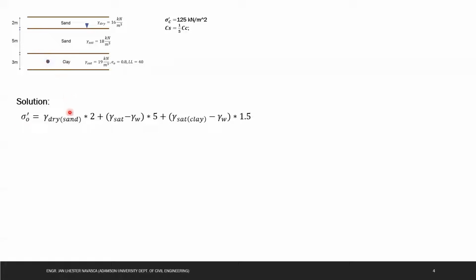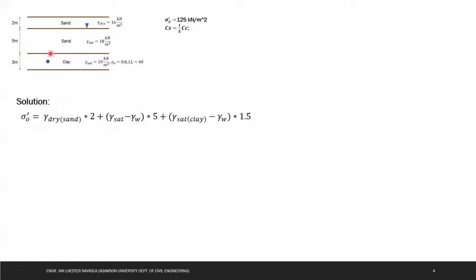If you remember the formula for effective stress, the total stress equals the effective stress plus the pore water pressure. So in order to get the effective stress, you need to find the total stress minus the pore water pressure.